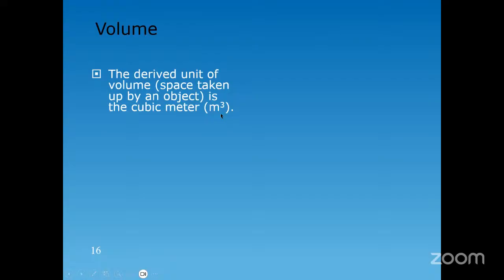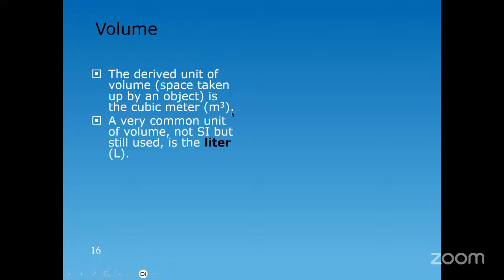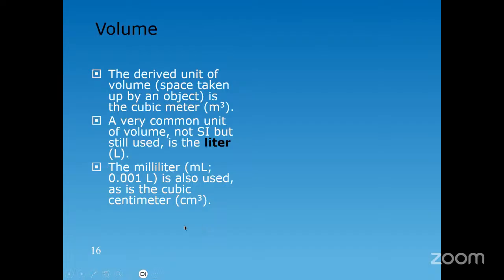However, there is another unit which is not a derived unit of length, which is oftentimes used as a metric unit, and that is the liter unit, symbolized by uppercase L. If you're going to use a liter unit as a metric unit, then we can use the prefixes as well to get smaller or larger unit values. So for example, 1 milliliter is the same thing as 0.001 liters.